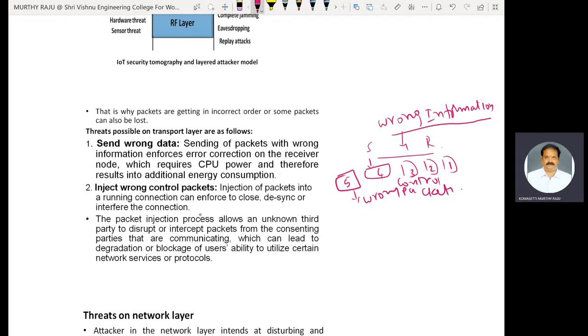Injection of packets into a running connection can automatically close this connection. Desync means the establishment of the connection is desynchronized between the source node and the receiver node, or the connection is interfered with. The packet injection process allows an unknown third party.